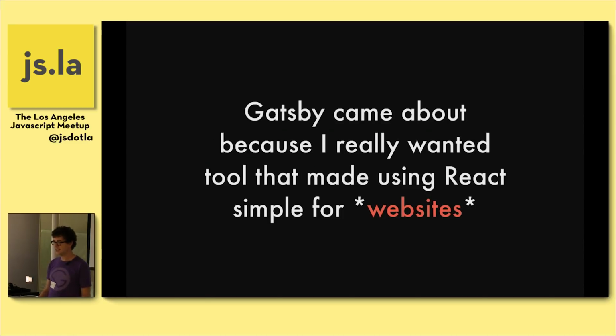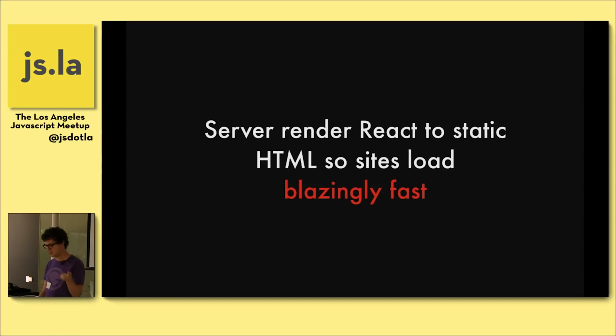And then Gatsby came about because I needed to build a website, and the idea of building anything for the web without using React components sounded painful. So I built the first version of Gatsby so that I could build out my little site with React. The whole idea from the beginning was that you statically render React to static HTML. So you build, and then you build a JavaScript version of it. You have two versions of the site, a static HTML version and a JavaScript version.